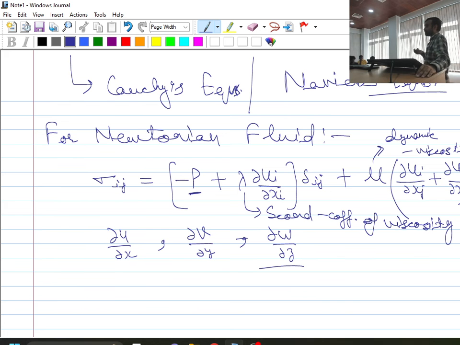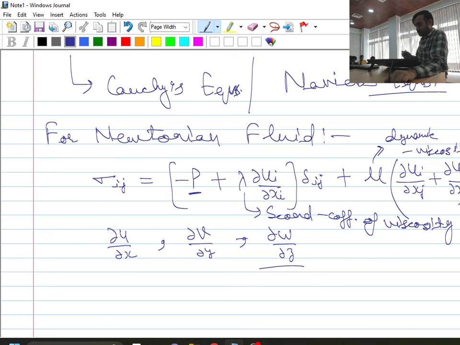So other than dynamic viscosity also there is some other term which is actually involved in this formulation. That term we call nothing but the second coefficient of viscosity. So what's delta ij? I will show you now.